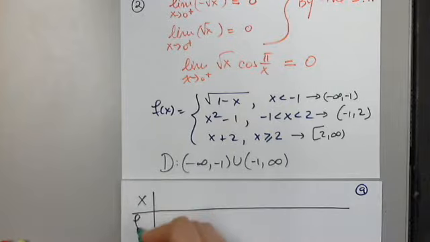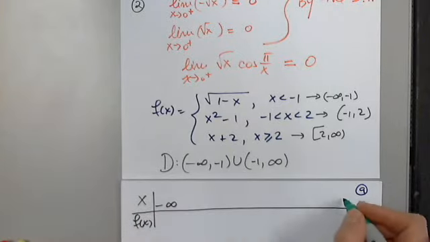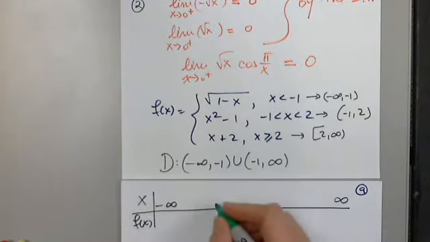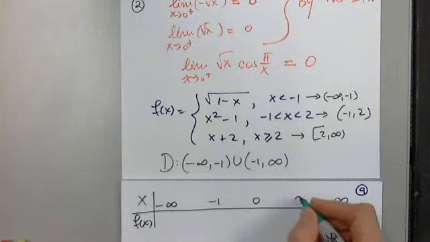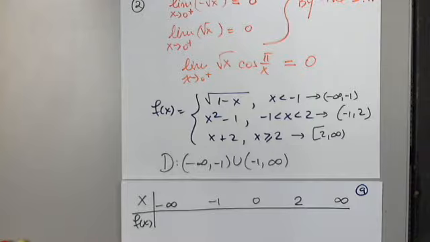Everyone? Okay. Now I get my chart going. In the chart, I have to have negative infinity, I have to have infinity. I have to have negative 1, I have to have 0, and I have to have 2. Why 0? 0 has to be in the chart no matter what. Negative 1 is a key value, and 2 is a key value. Now tell me the signs or symbols under negative 1.